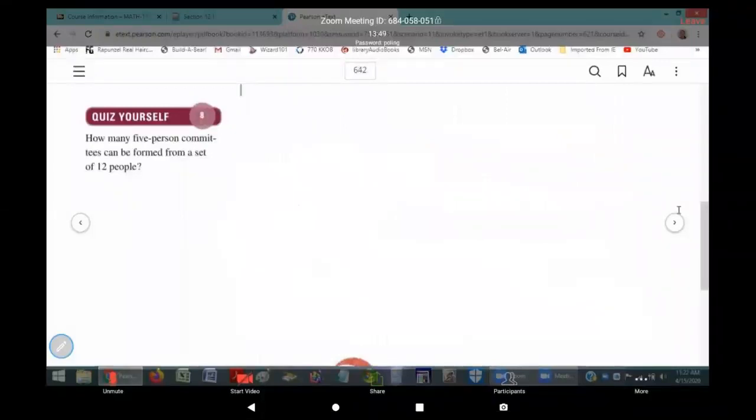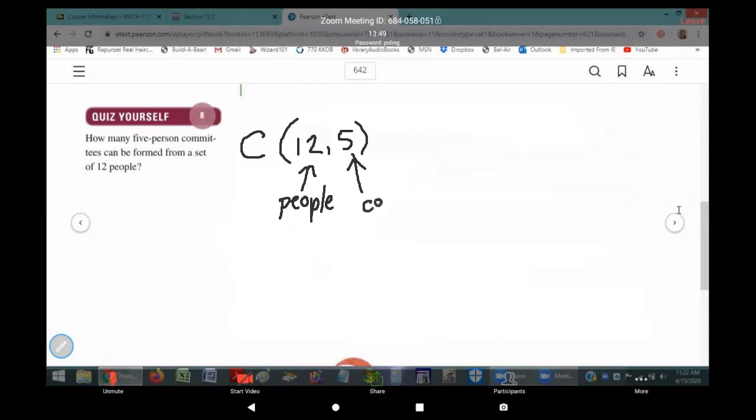Let's take a look at Quiz Yourself. Question number 8. How many 5-person committees can be formed from a set of 12 people? Well, we know this is a combination problem of 12 choose 5, where 12 is the number of people that we have, and 5 is the number of people that we're going to choose to form the committee.